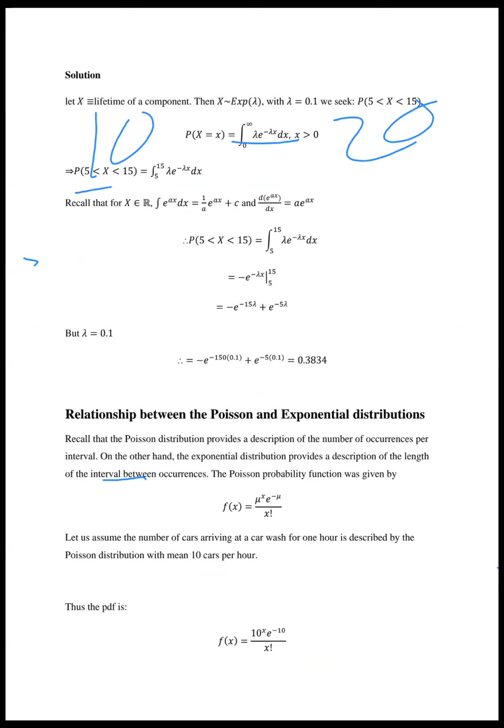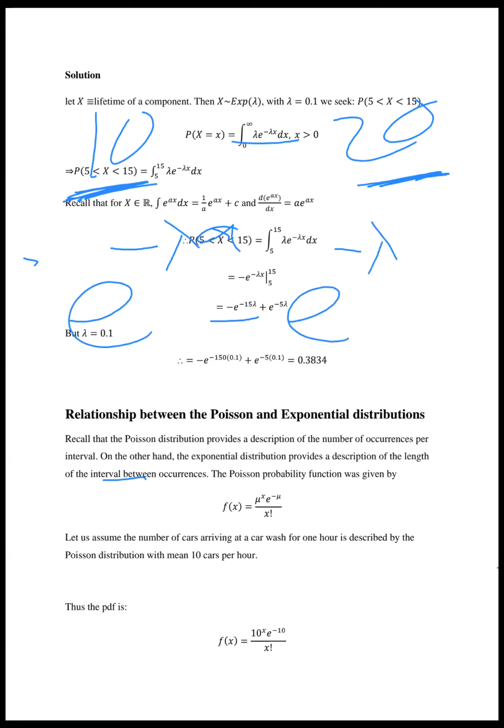Obviously, 10 will be the lower limit and 20 will be the upper limit. You just substitute into your formula: e to the power negative lambda a, the lower limit, minus e to the power negative lambda b, the upper limit. Just compute like that.